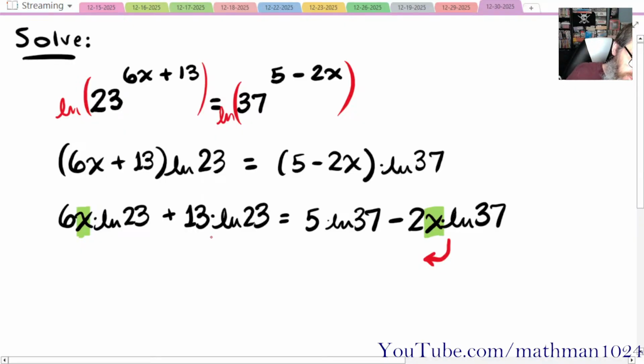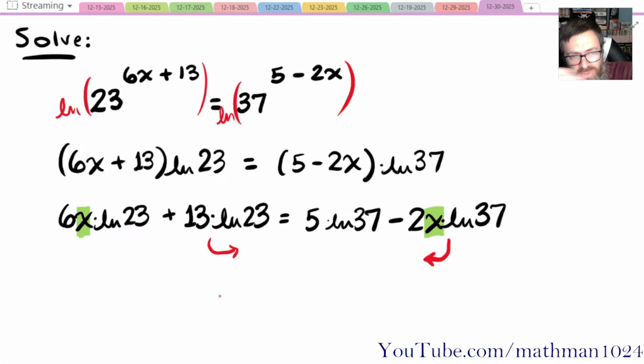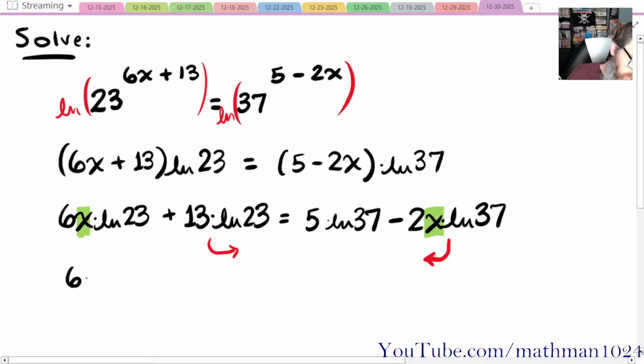Then I'm going to take the 13 natural log of 23 and move it to the right side to get all the constants over there. Now, when you're moving from one side to the other, you're just changing your signs. So this gives me 6x natural log of 23. This was a minus here on the right, so it becomes a plus as it moves to the left side.